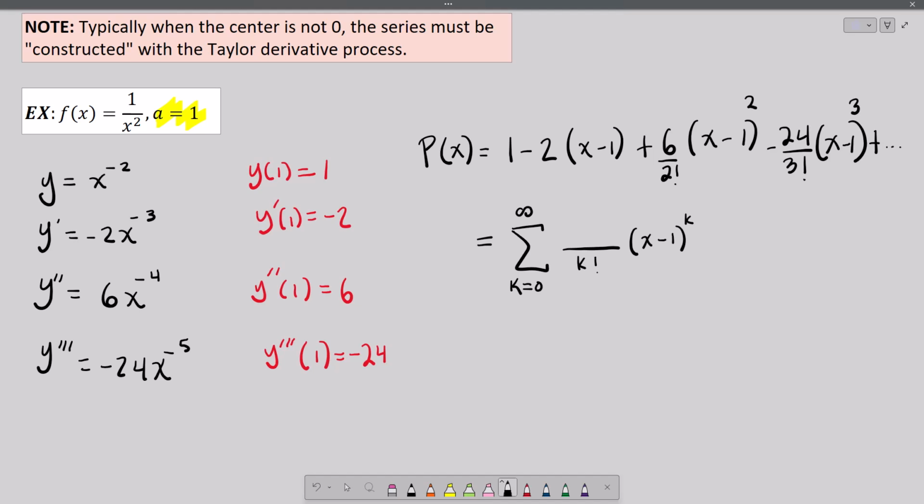Do you see what those are? One, two, three, four. So this one is a 2. This one is a 6. So the pattern that we're trying to establish is we have a 1, a 2, a 6, a 24.